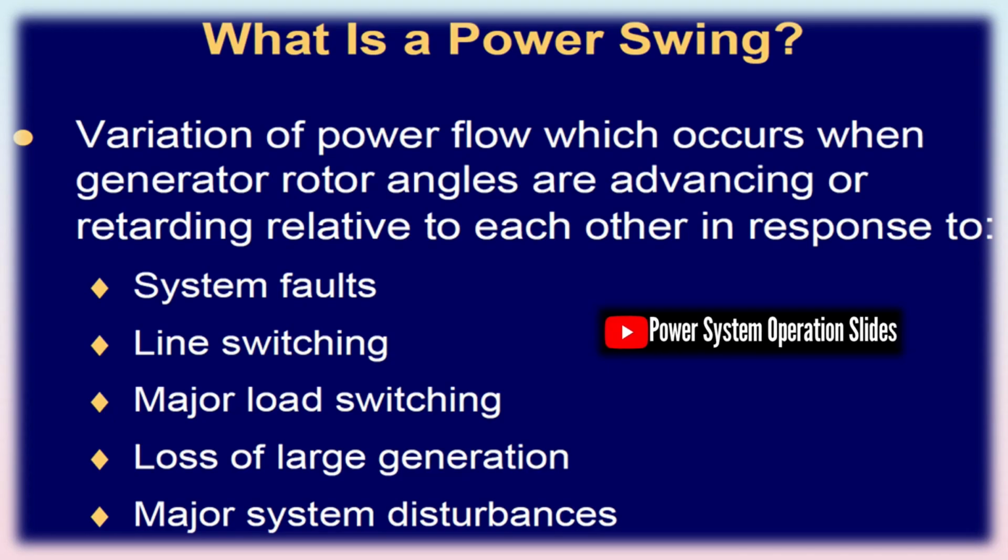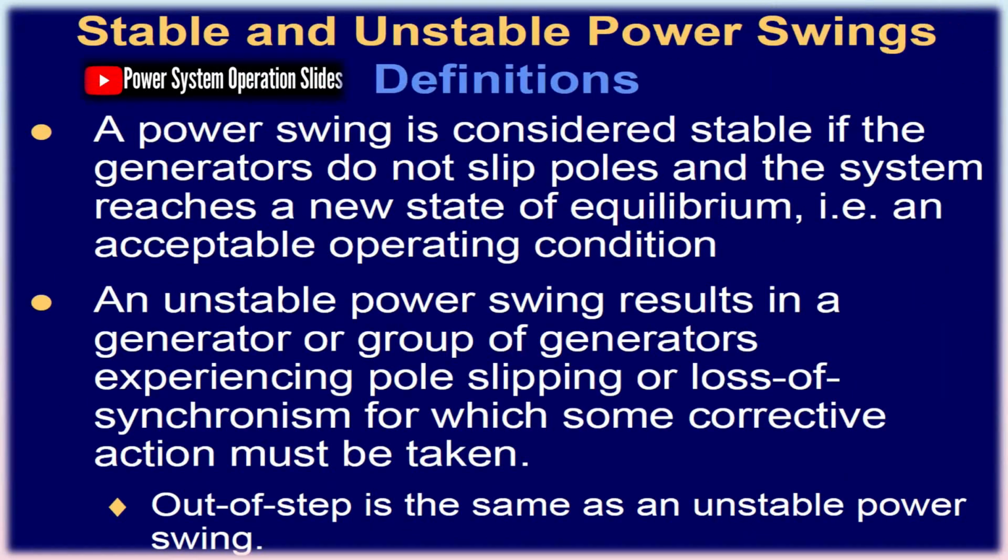Transient large disturbance stability, focused on the system's response during severe, fast-acting events like faults, which usually require analysis within a few seconds. A stable system will experience oscillations that eventually damp out. An unstable system, however, will see increasing oscillations that lead to loss of synchronism.